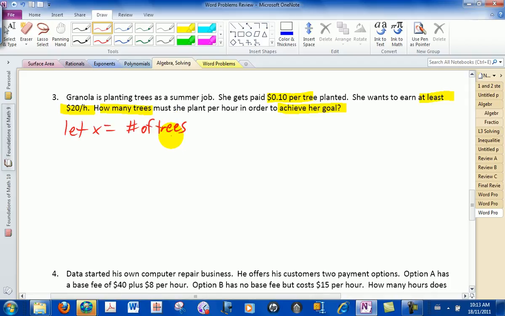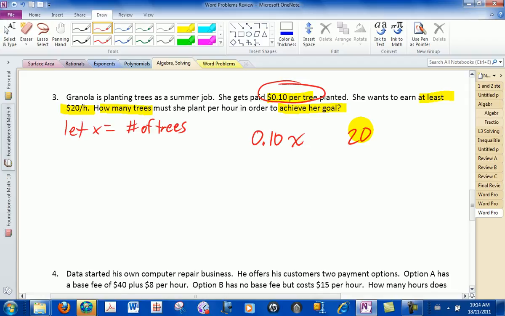Okay. So she wants to earn $20, but what's her rate per tree? How would we write that again? 0.10x. Okay. Now, she wants to figure out how many trees so she makes $20. So what should we have here?